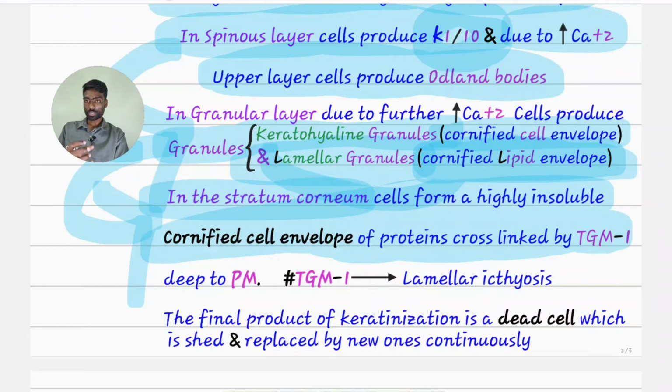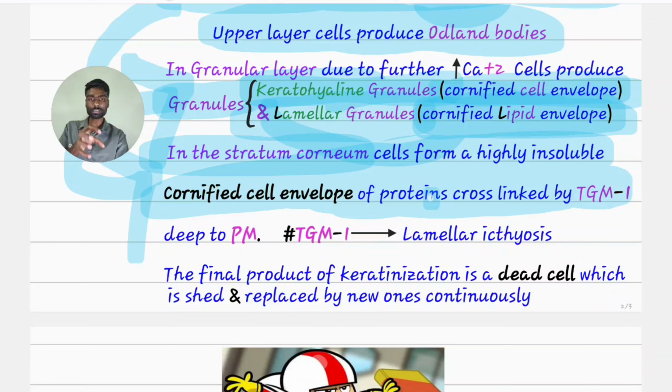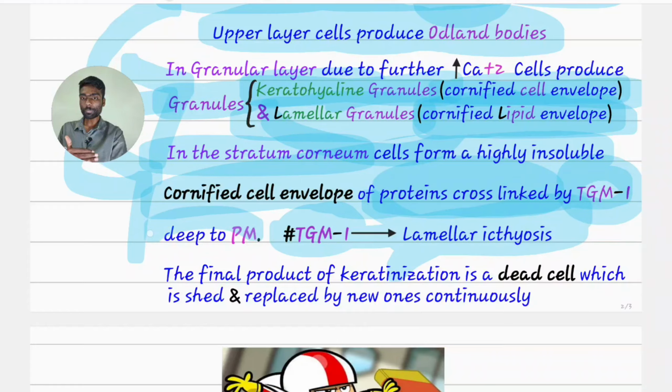We have already seen keratohyalin granules contributing to cornified cell envelope. Same proteins along with desmosomal proteins, keratins, all together form a cross-linked network of envelope with the help of transglutaminase 1. If the transglutaminase 1 is defective, it will lead to lamellar ichthyosis, where a cornified cell envelope will be seen deep to the plasma membrane of a corneocyte.